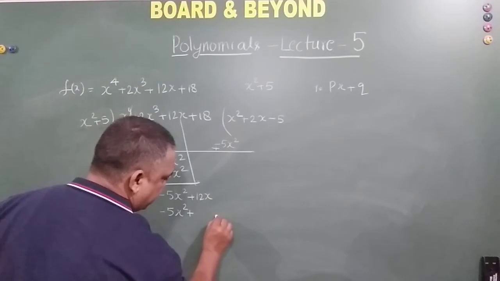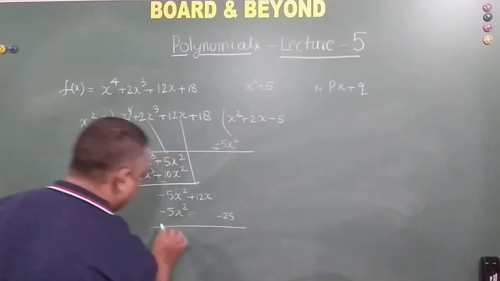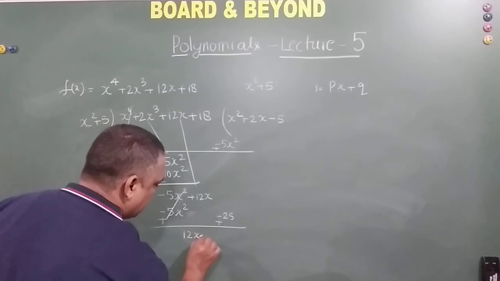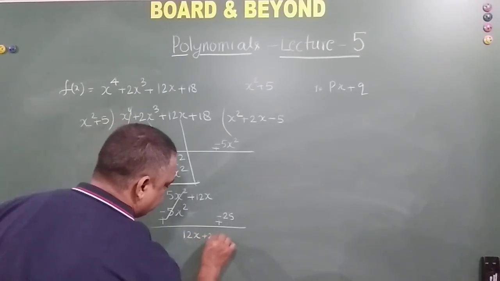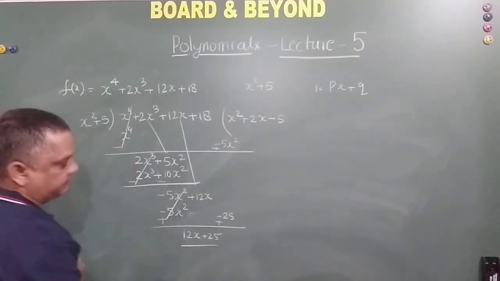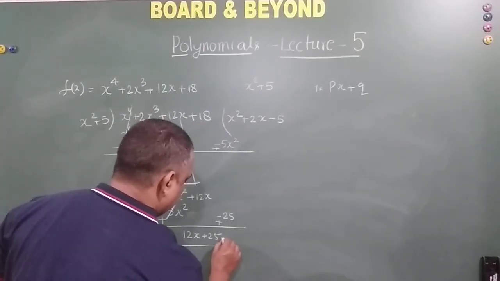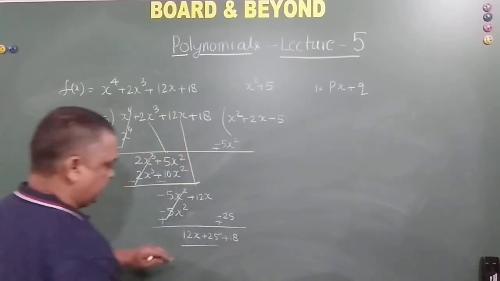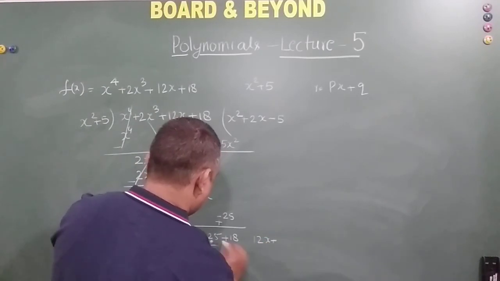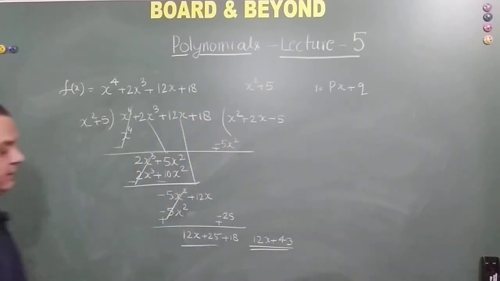So we don't write it here, we write it separately. I'm not going to write it just below this. Plus this cancels. This leaves me with 12x plus 25, right? So now this remainder, now 18 also has to come, plus 18. So this is equal to 12x plus 43, right?